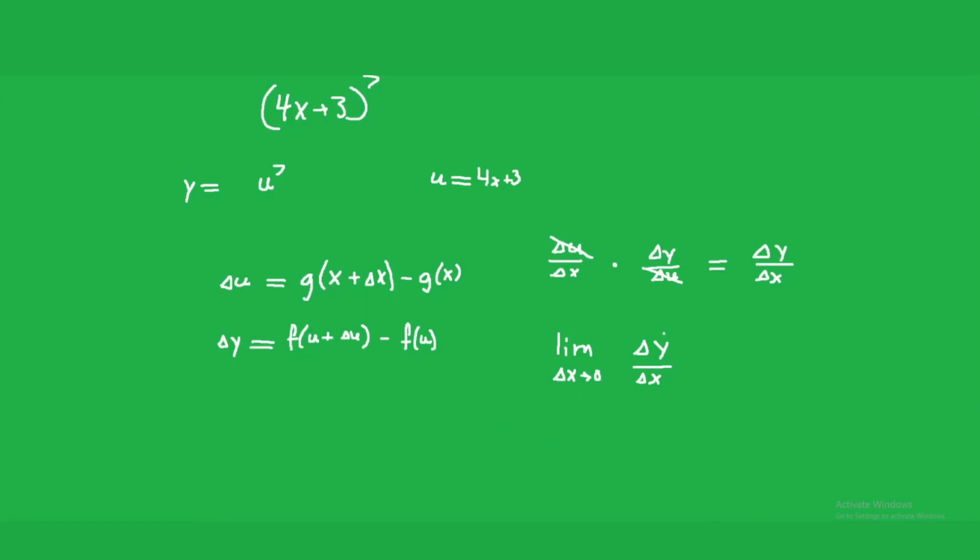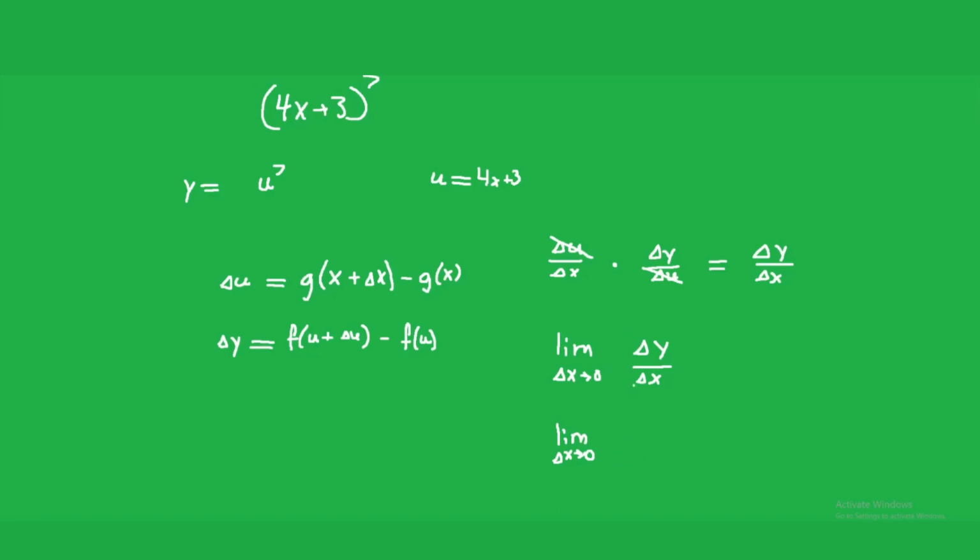So if this is equal to these two multiplied together, then I can just rewrite this as the limit, since these are equal, as delta x is approaching 0. Actually, I'm going to write it the other way because that's how it's usually written.